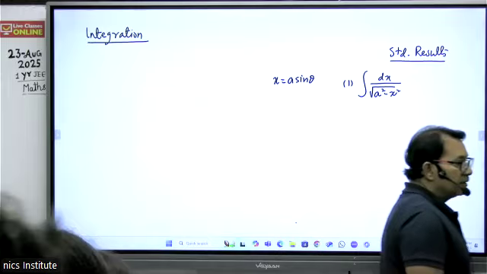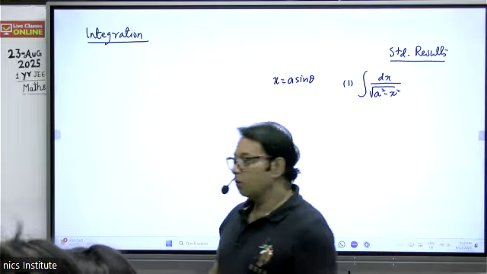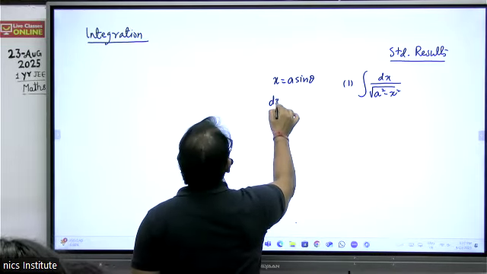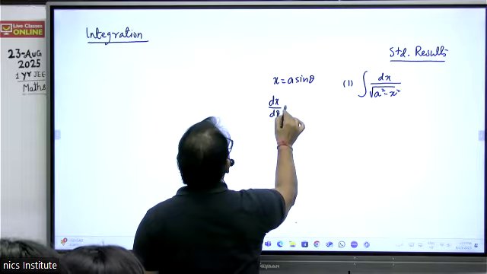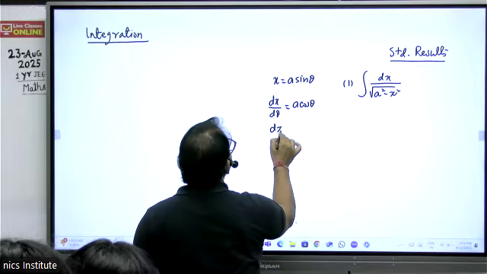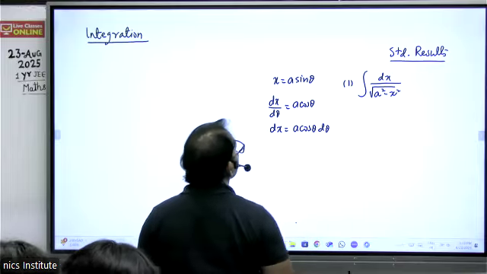So you have to substitute x is equal to a sin theta. What is the benefit? Under root will go away. And when you differentiate this with respect to theta, it would be a cos theta. So you can replace dx by a cos theta d theta.